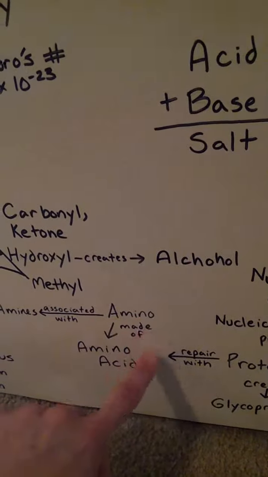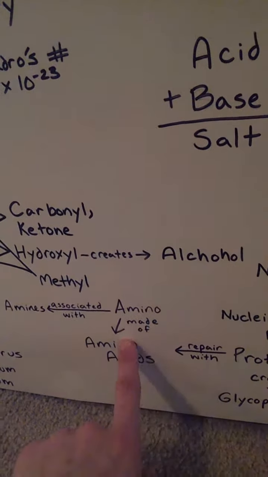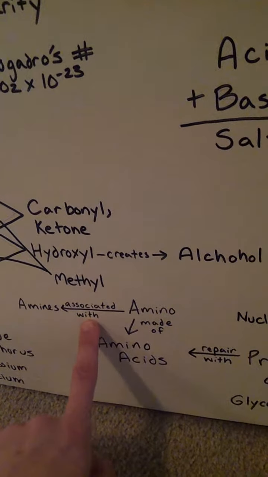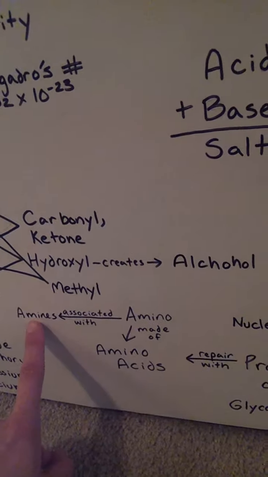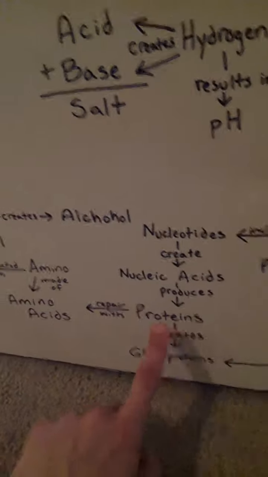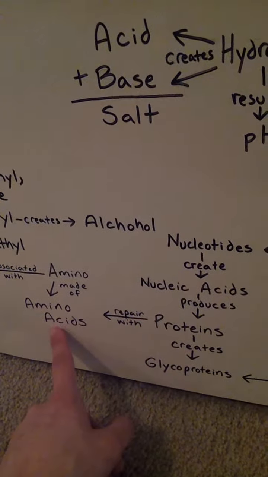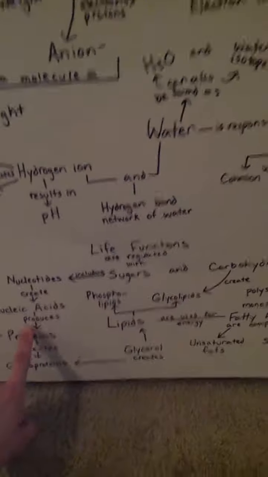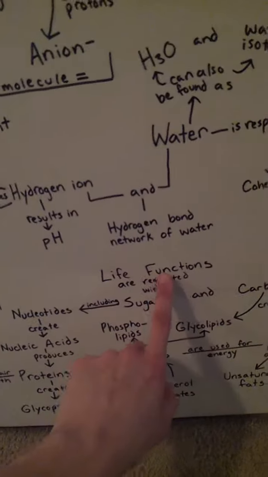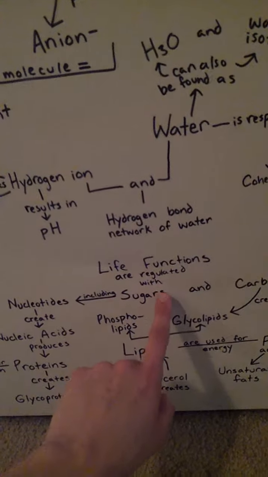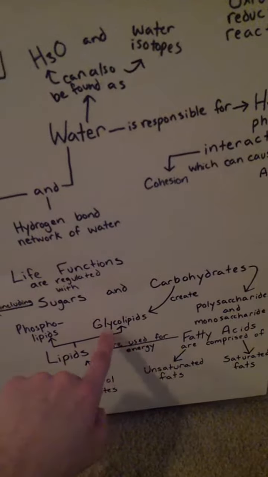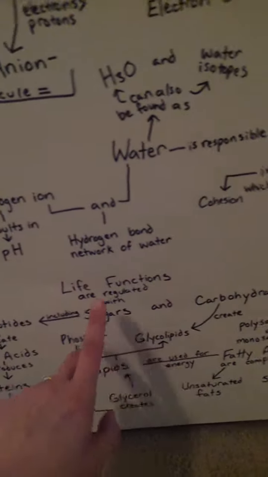Okay, I have aminos make up amino acids, which are associated with amines. Proteins are repaired with amino acids. But backing up a little bit, life functions are regulated with sugars, carbohydrates, and fatty acids.